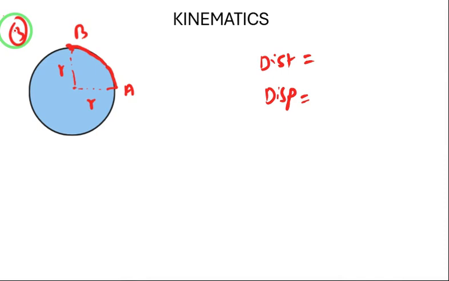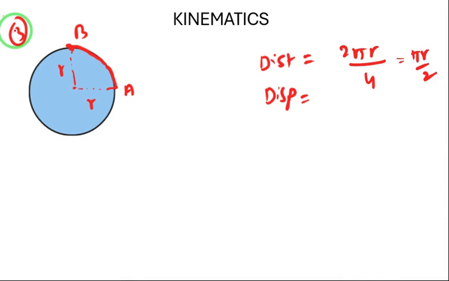In a circle, the total path covered is 2 pi r, the perimeter. Actually, the total path is 2 pi r, and in that he covered only 1/4. That means 1/4 of 2 pi r, that is pi r by 2 you are getting.